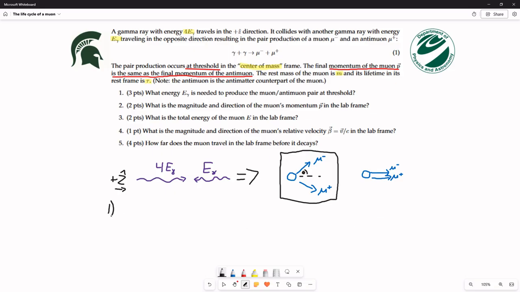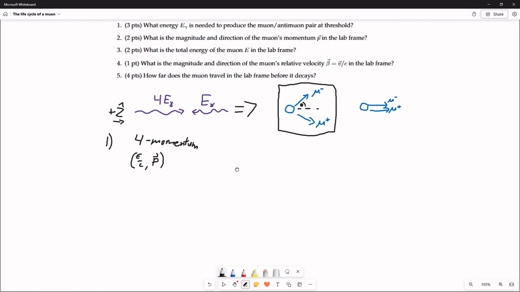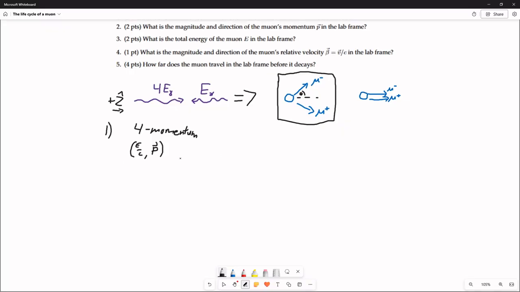Looking at number 1, what energy E gamma is needed to produce the muon-antimuon pair? Our main concepts for this question are going to be the four-momentum, which is E over c and the momentum vector, and looking at the two frames that we exist in.